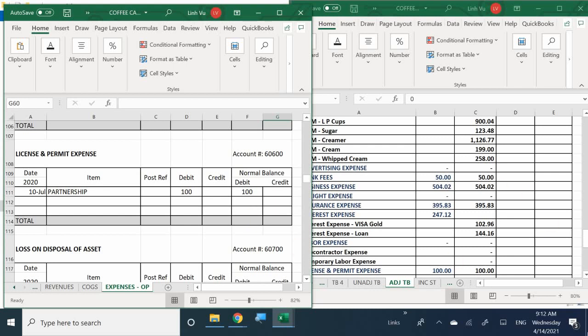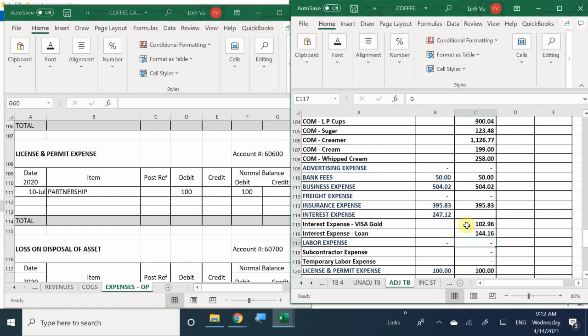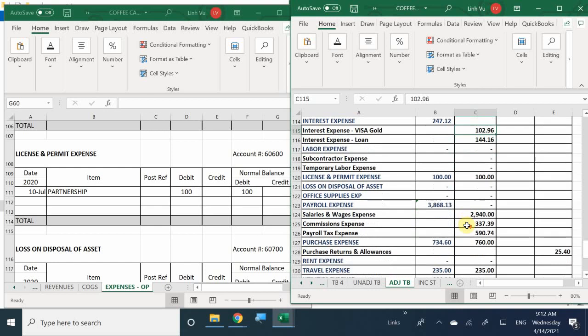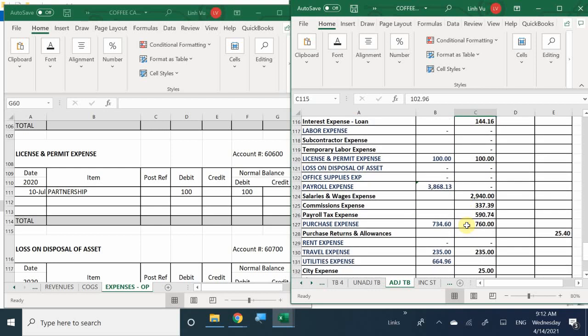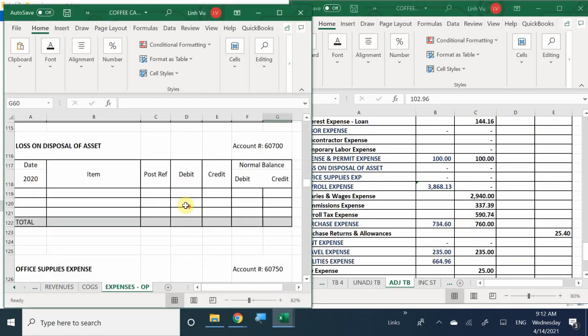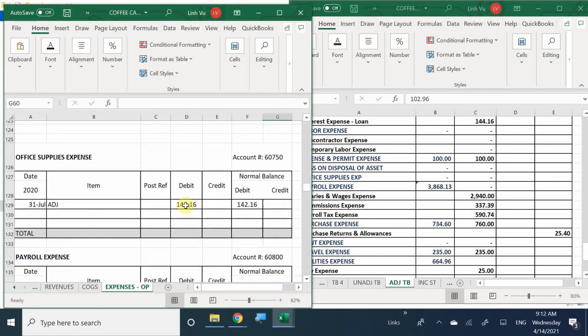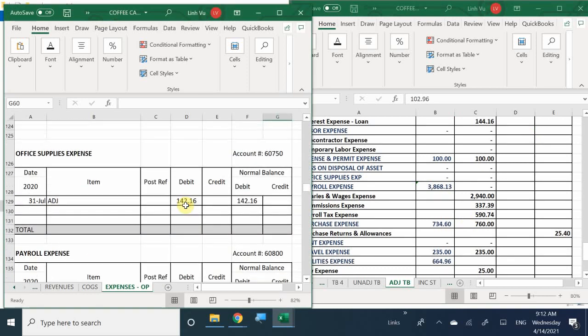License and permit expense. That should still be the same. It should still reflect that $100. Okay. We didn't sell any of our assets, so no loss on disposal of assets. Okay. So what's after that?